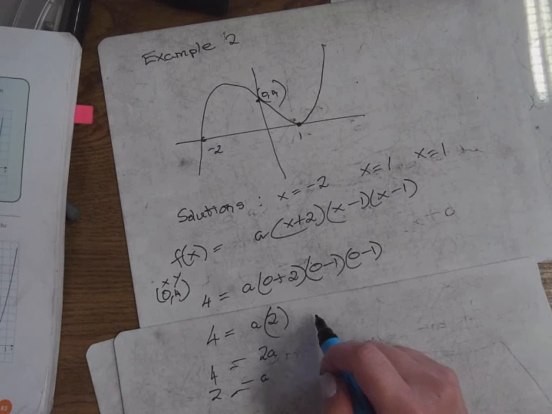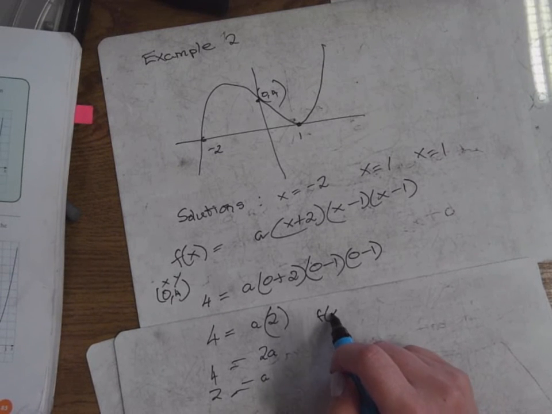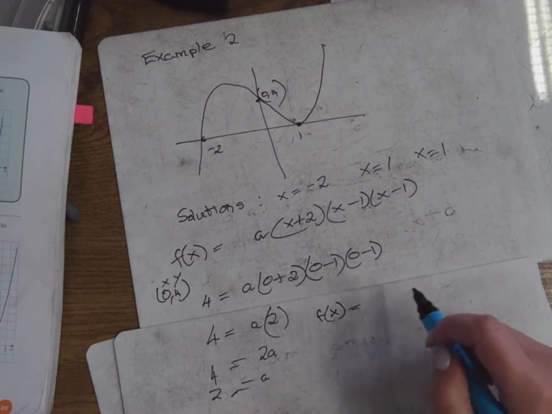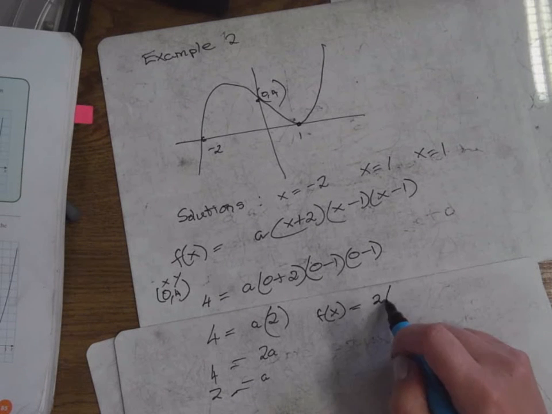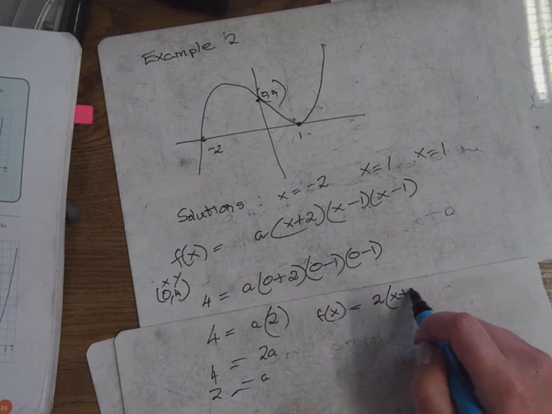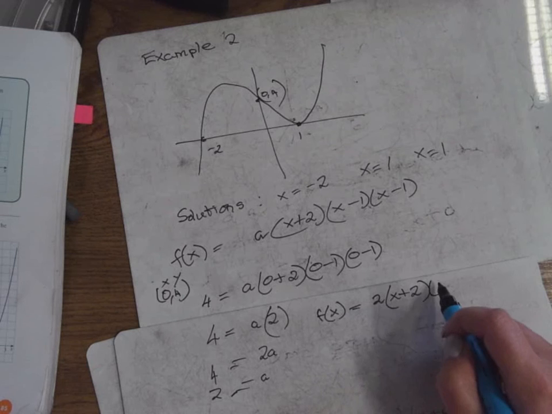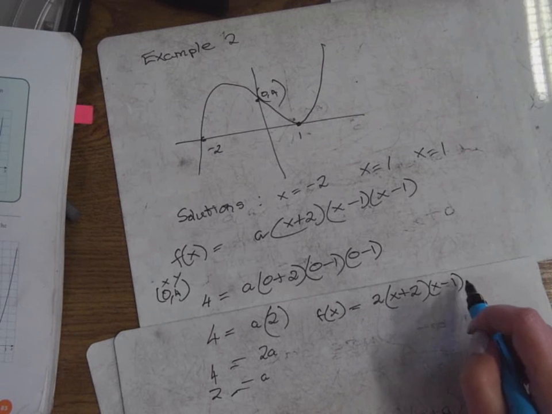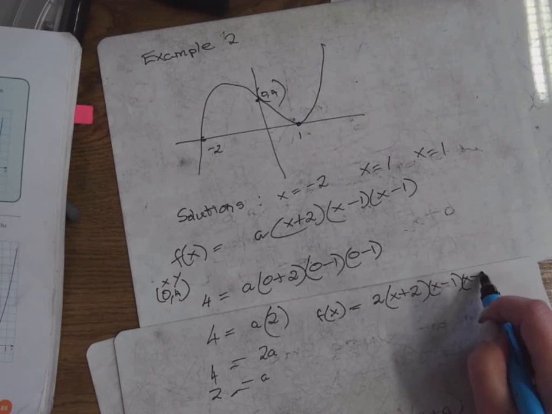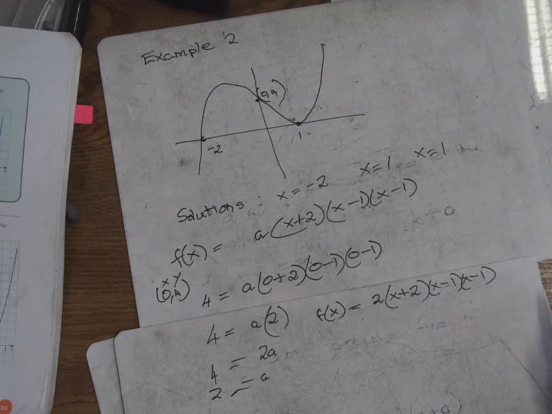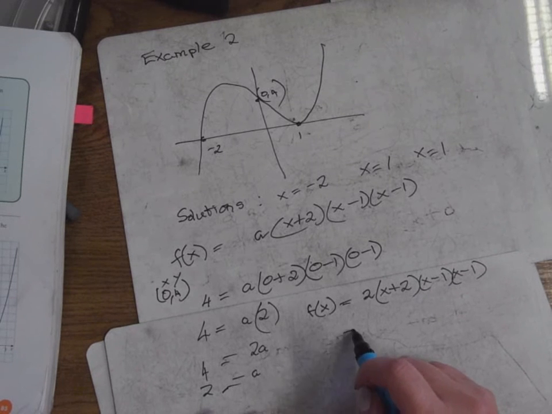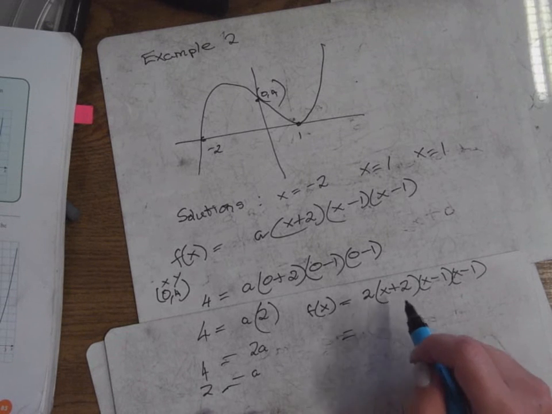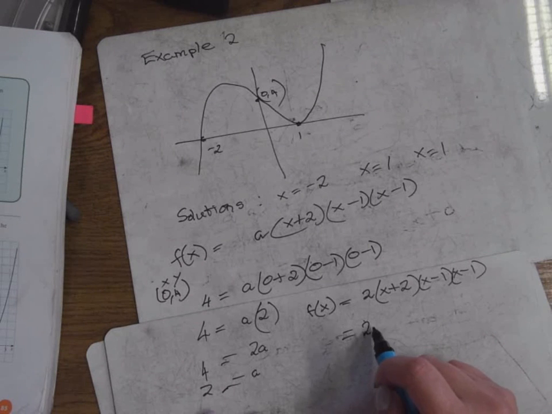Right, okay, so I'm going to continue over here. F of x is equal to 2 times x plus 2 times x minus 1 times x minus 1. Is that okay? So what I'm going to do, to multiply out, is multiply the 2 by the first bracket, so I'll get 2x plus 4.